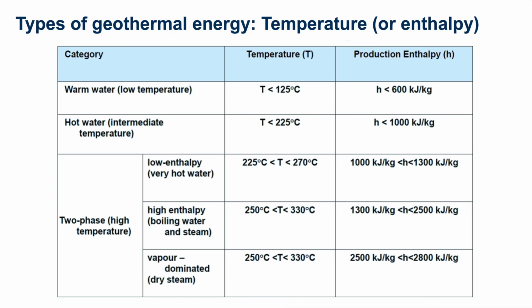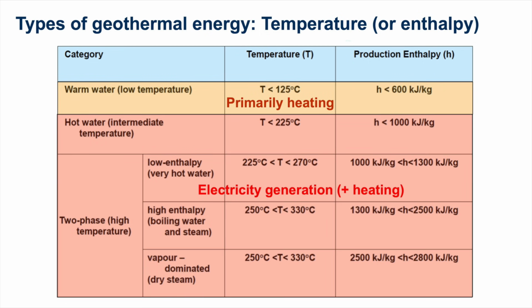The other way we would classify geothermal resources is in terms of temperature, or more technically the enthalpy of the fluids that will be coming out of the ground. And what we see is that to generate electricity, you do need rather hot water. So typically for electricity generation, you want it to be over a couple of hundred degrees C, okay?